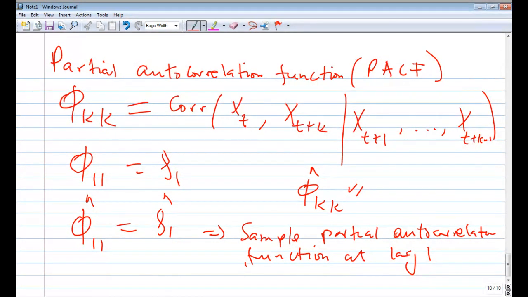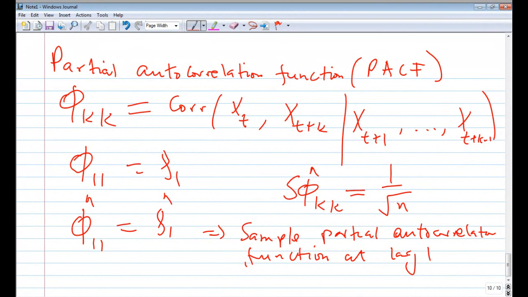Now, if you just want to calculate the standard error of a sample partial autocorrelation function, it's written as S phi hat kk, which is equivalent to 1 over the square root of n.